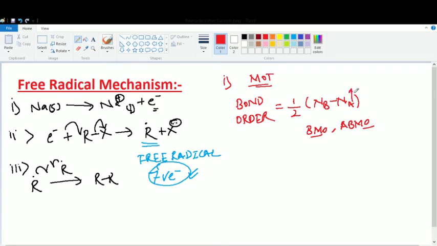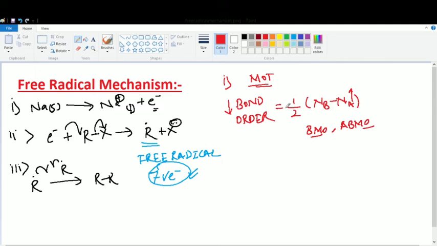Now if the number of electrons is increasing in the anti-bonding molecular orbital, then you can clearly say your bond order is decreasing. And when bond order decreases, your bond strength also decreases. So any attack that is going to happen, or that is proceeding the reaction, will always happen into the anti-bonding molecular orbital.